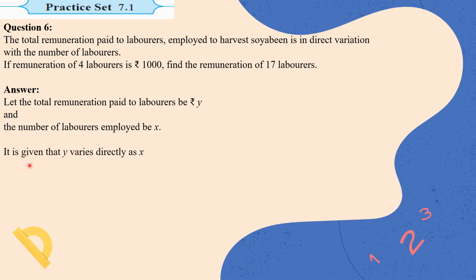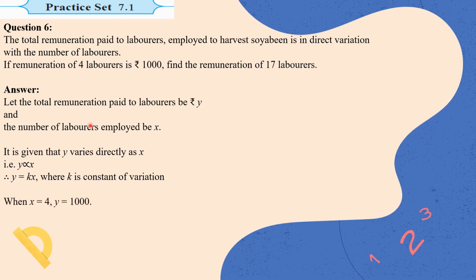It is given that y varies directly as x, as it is mentioned in the question. So the symbol of variation will look like y in direct variation with x. Now, if we have to write this in the form of equation, it will look like y equal to kx, where k is the constant of variation.